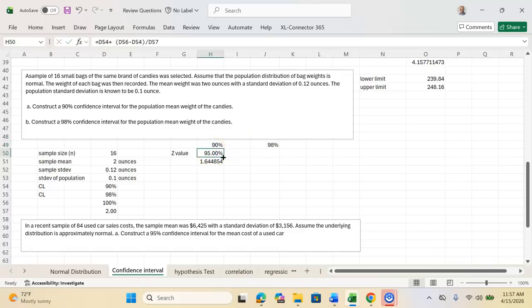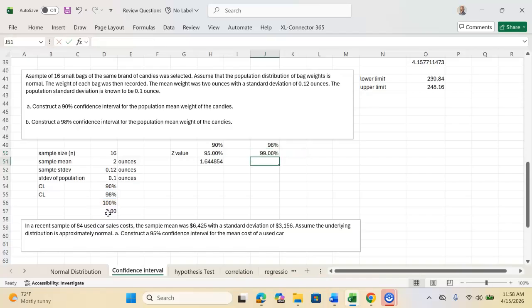But also we can find the z value of 98%. And in this case, let me see if I can copy the formula. No, I cannot. So let's find the z value. Just put equal sign and click on the confidence level, which is 98, plus into bracket 100 minus 98 divided by 2.